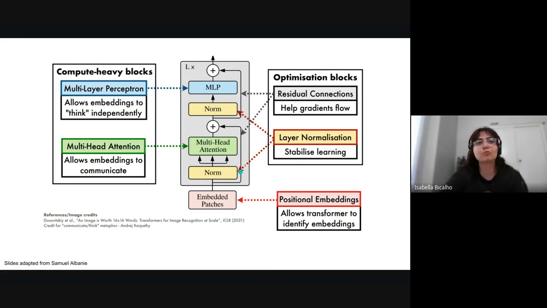So it's just normalization of the layer. The multi-head attention is what allows the embeddings to communicate. So here you have each attention head trying to see something in an image. And then the perceptron allows them to reflect, essentially to think independently of one another.